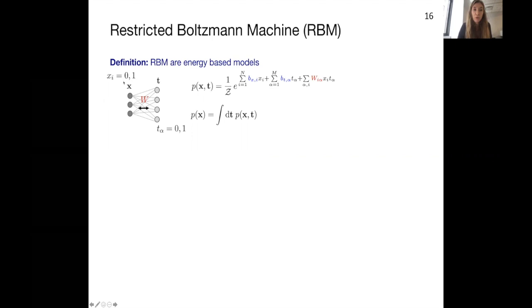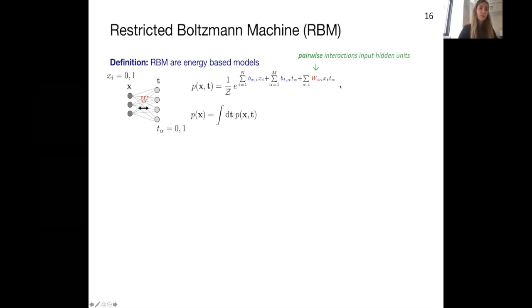That defines a joint distribution over the two layers, which takes the form of a Boltzmann measure with an energy function involving pairwise terms between the inputs and the hiddens, in this fashion.